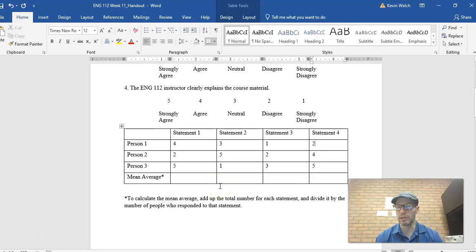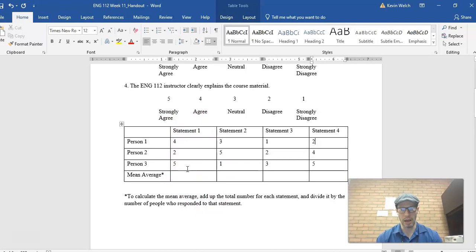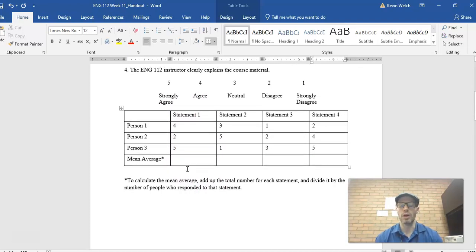And what you want to do then is calculate the average of the response for each statement. The mean average, okay? Not the median, not the mode, the mean. And you might be going, okay, what's that mean? Well, to calculate the mean average, add up the total number for each statement and divide it by the number of people who responded to that statement.